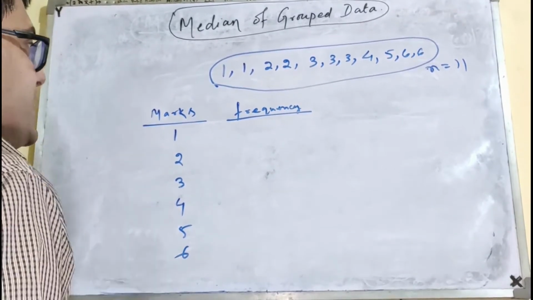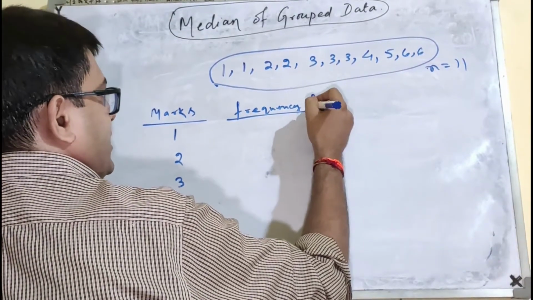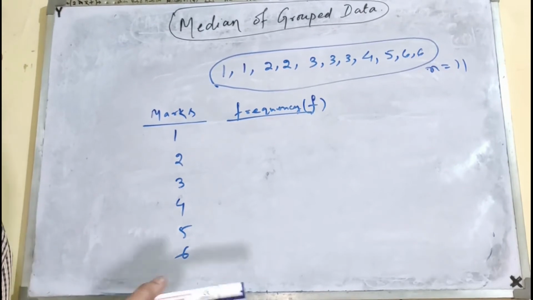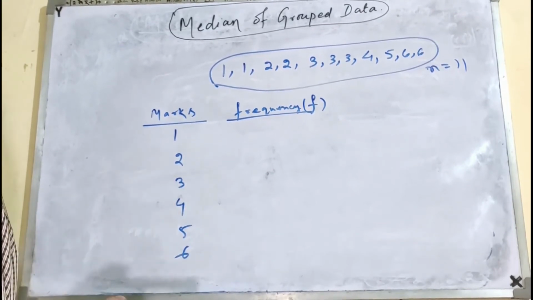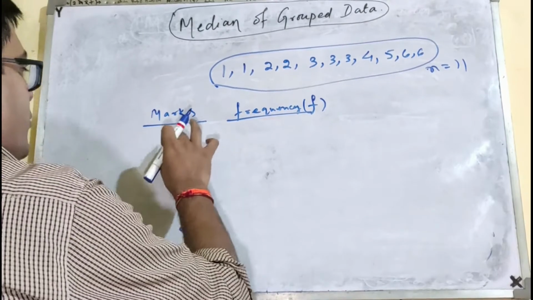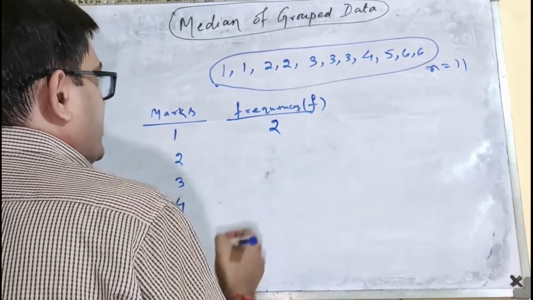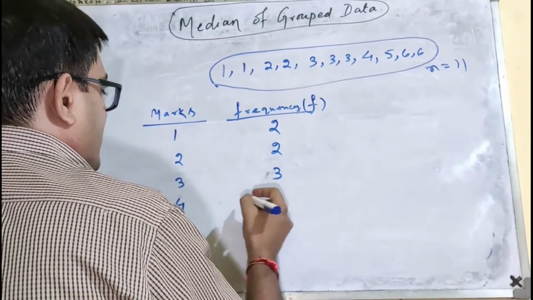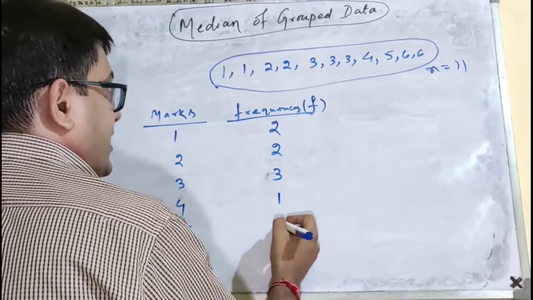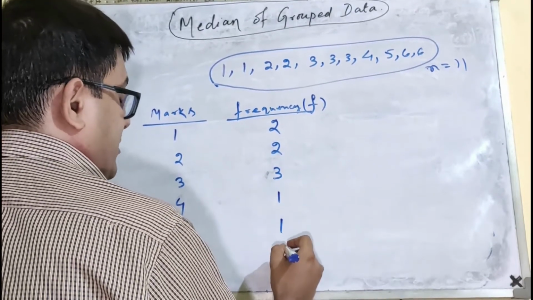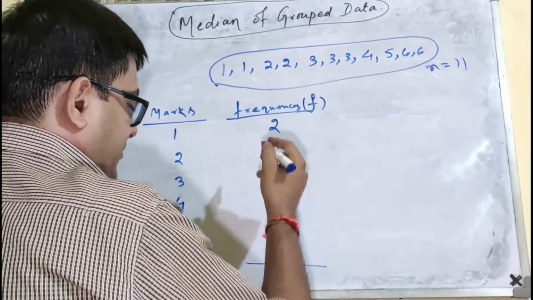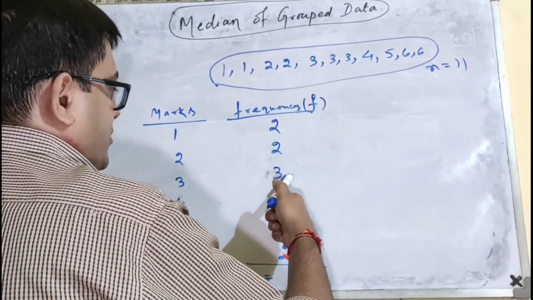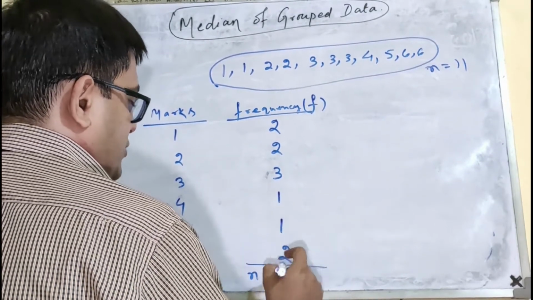The frequency, denoted by the lowercase f, tells you how many data points we have for that particular value. So for 1 we have 2 data points, for 2 we again have 2, for 3 we have 3 data points, for 4 we have just 1, for 5 we again have just 1, and for 6 we have 2 data points. If you sum them up, it gives you the value of n, which is 2 plus 2 is 4, plus 3 is 7, 8, 9, 9 plus 2, 11.